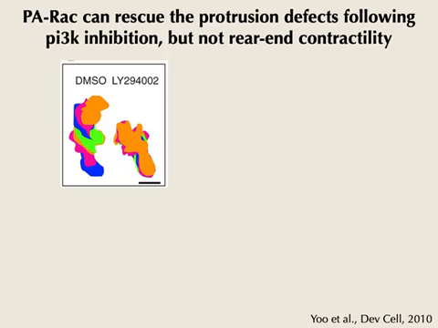So the idea is, if the PIP2 accumulation and PI3 kinase activity somehow feeds into, for example, RAC activity, is it possible to rescue the protrusive activity by supplying active RAC in the absence of PI3 kinase, right?